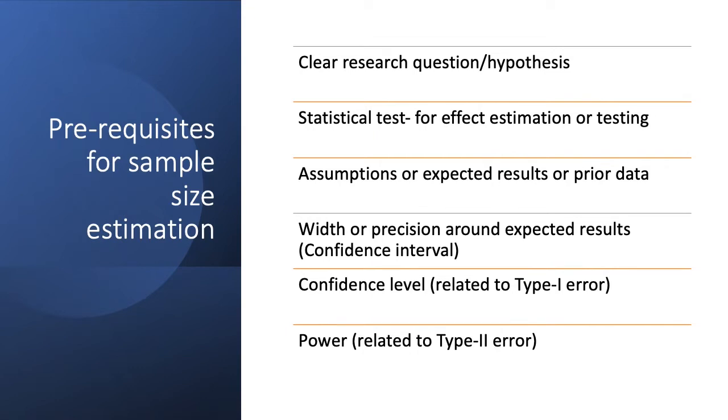It is related to type 1 error, and conveniently we can fix the confidence level at 95%, or type 1 error of 5%. Finally, we need to decide how much power we want in our study. Power is the probability of not committing a type 2 error. Conventionally, we take power as 80%, that is, a type 2 error of 20%. Don't worry, I will briefly explain what type 1 and type 2 errors are later in the presentation.